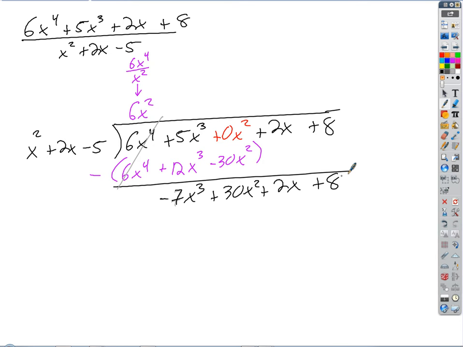Okay, what did we accomplish? That was a step in the right direction. We reduced the degree of the polynomial by 1. And now we just start over. So now what do you think? How many times does x squared go into negative 7x cubed?